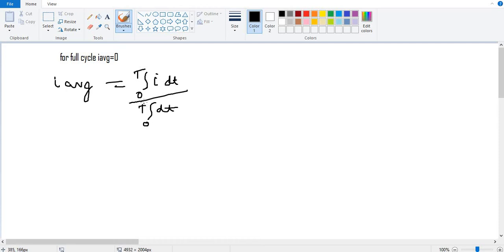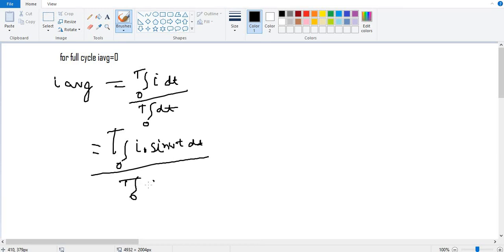Because we are going for the full cycle, so that's why we have gone for T. Now as I have told you, I is equal to I naught sin omega t. So we will put I is equal to I naught sin omega t dt by the integration of 0 to T dt.